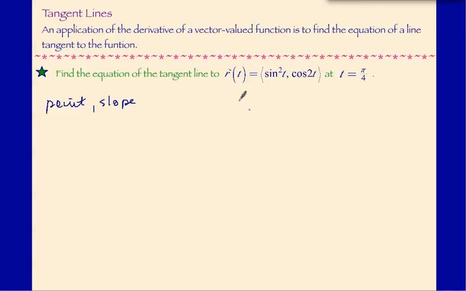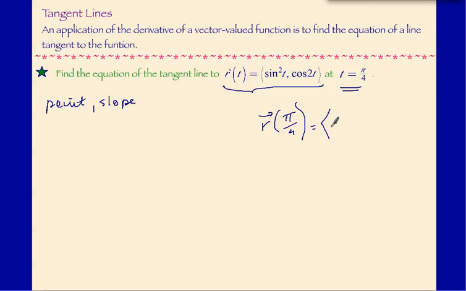Obviously, the slope is going to come from the derivative of our vector-valued function, but let's go ahead and find the point first, because we're going to find the equation of the tangent line to this vector-valued function at the point t equals pi over 4. Well, what are the coordinates when t is equal to pi over 4? So essentially, we need to find out what r of pi over 4 is.